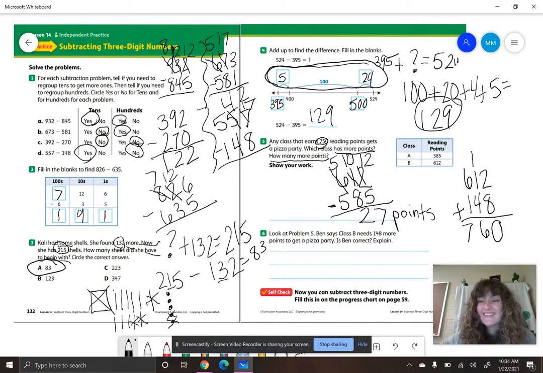So, looking at Ben's problem, he said that the class needed 148 more points. When they add 148, how many points do they have? 760.